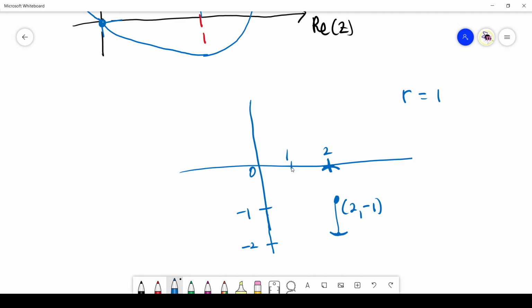Similarly to the left, our circle going from 2 would end here. And then similarly, our circle starting from 2 would end at 3. So if you really had to draw an accurate circle, you have to make sure that your circle cuts all of those 4 points for accuracy purposes.